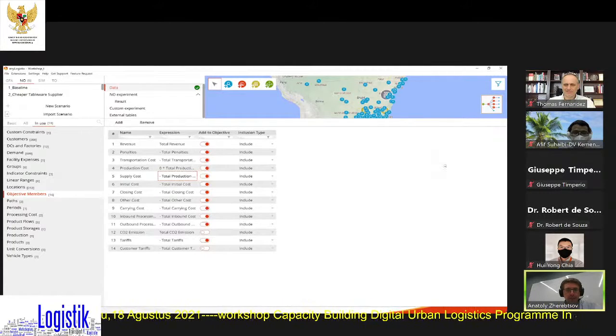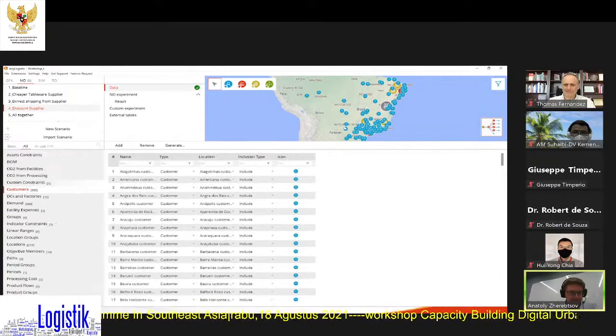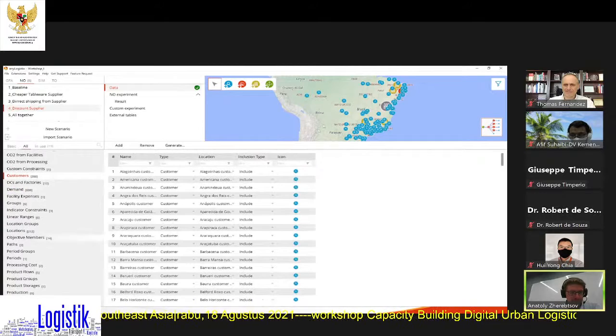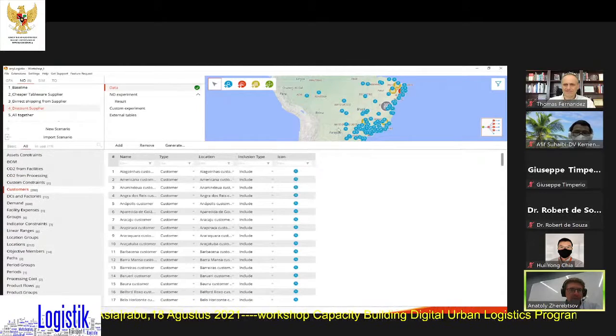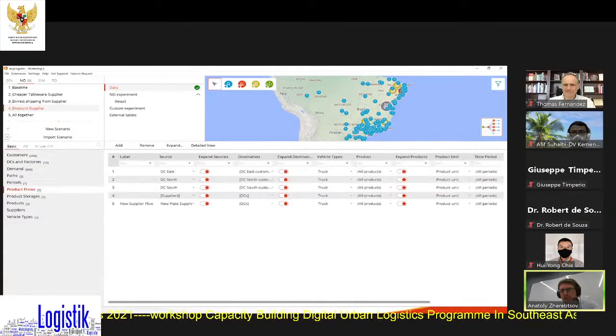So this one is adjustable, but if we talk about other criteria, it really depends on what you are looking for. For example, if we talk about lead time, we cannot put that into criteria, but we can use a constraint for lead time.